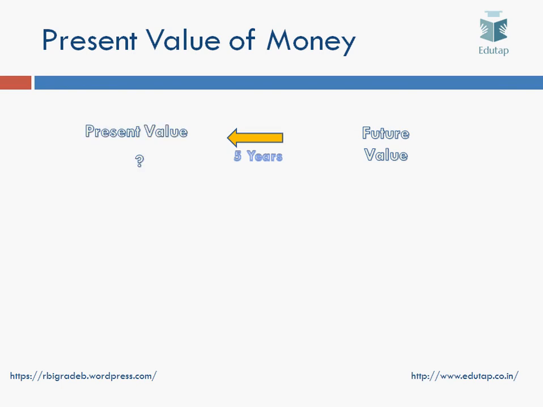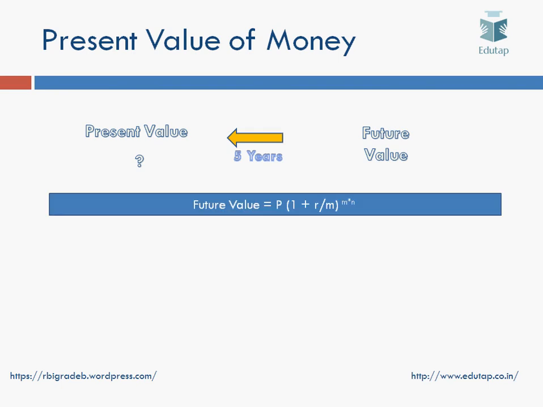So say today you have got around 10,000 in your bank account, and you would have to calculate what was the amount that was invested 5 years before, which became 10,000 today. So the amount which you invested 5 years ago would be the present value, or some would say a past value. It's just a matter of your sense of what you use, but ultimately in these types of questions the past value or the present value means the same.